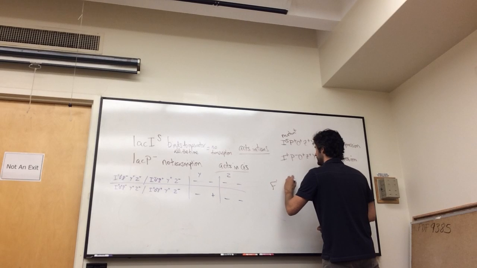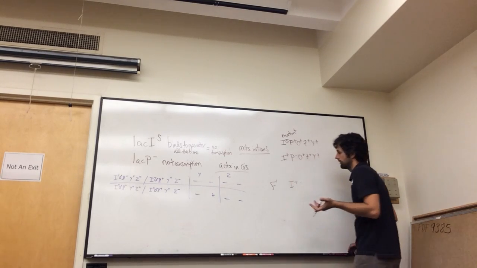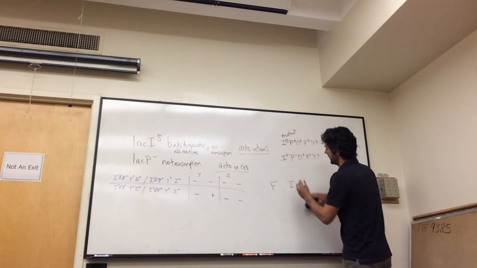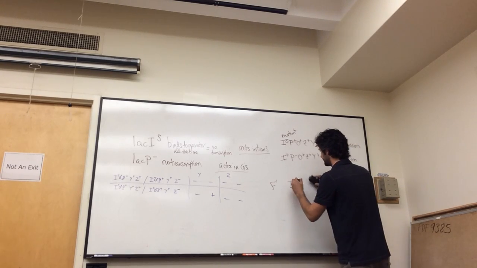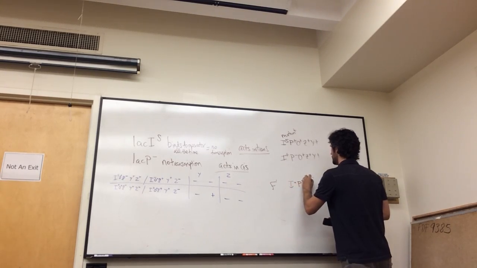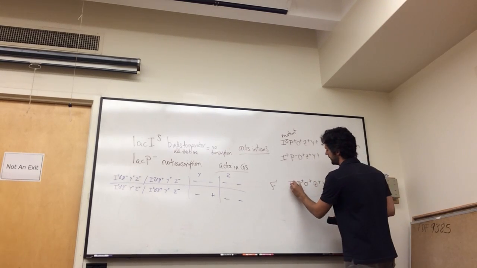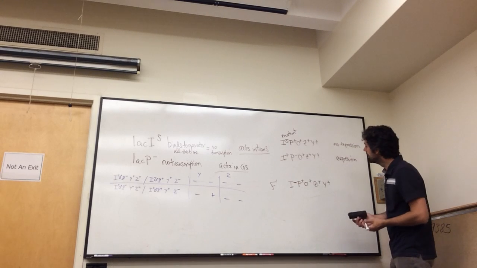We have I plus. Or if you want to get rid of this altogether, you could use I minus, P plus, O plus, Z plus, Y plus. It might be the cleanest to do this with I minus.